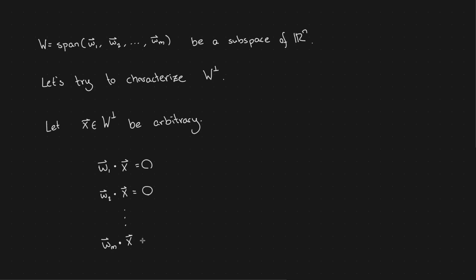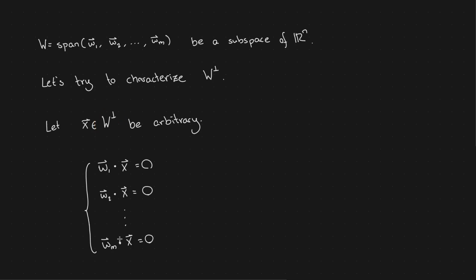X is orthogonal to every vector in the spanning set, and therefore every vector in the span. This gives us a system of equations. Any vector x that satisfies these equations is going to be in W perp, our orthogonal complement.